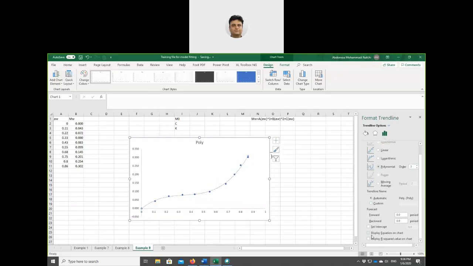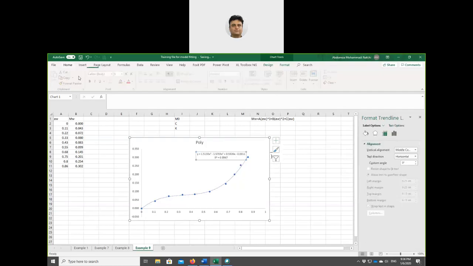Here, third order, I want to display the equation and then R square. R square is 0.99. It means that is enough for the fitting model.